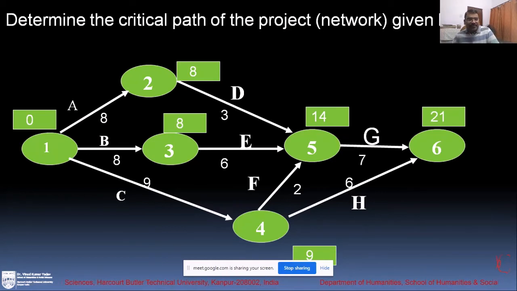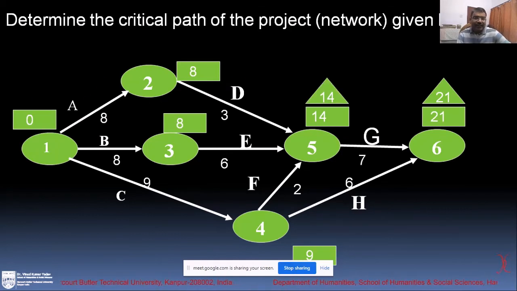Now we start calculating the backward pass. 21 at this point, then minus, at this point it will be 14. It's clear. Now at this point, look at this 4. When you subtract 6 minutes from 21, it will give you 15, right?